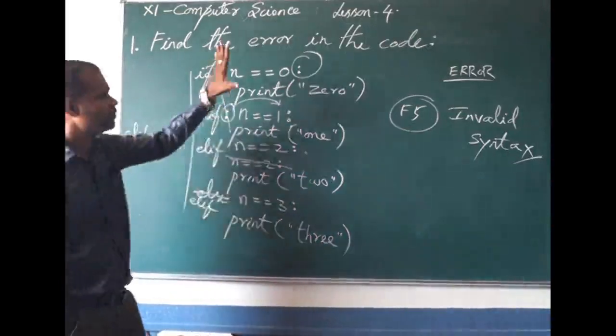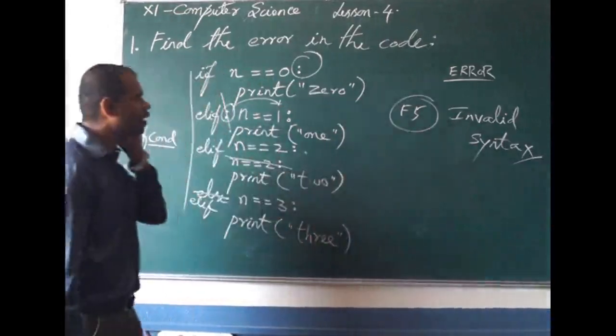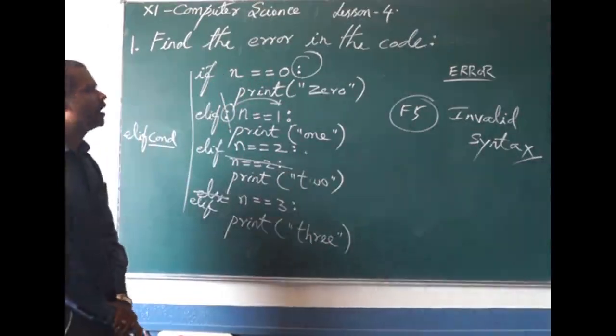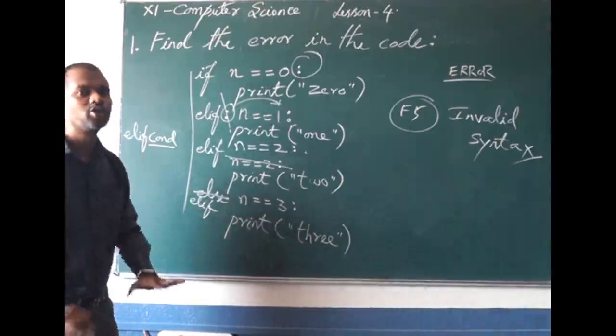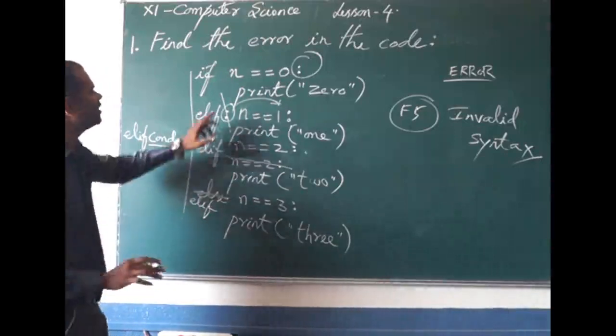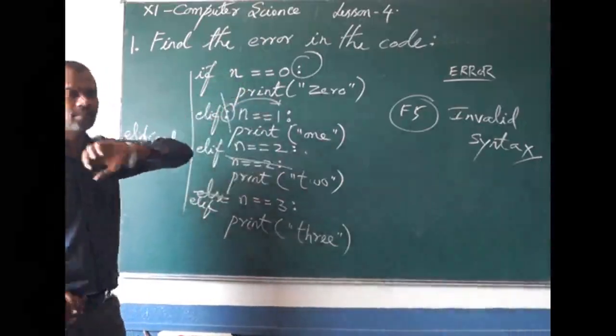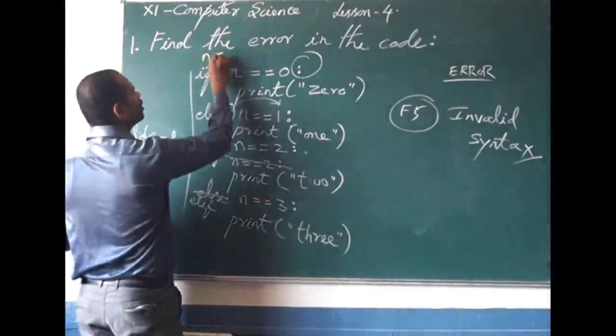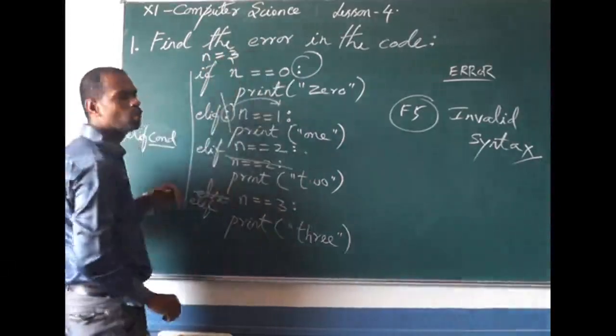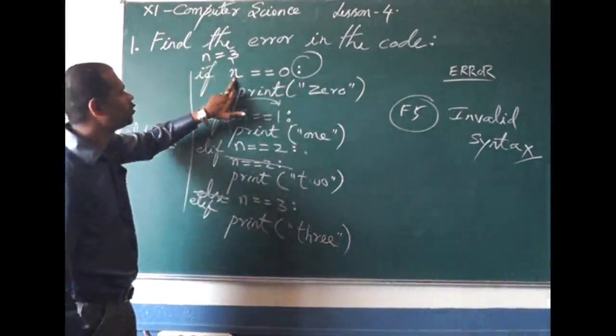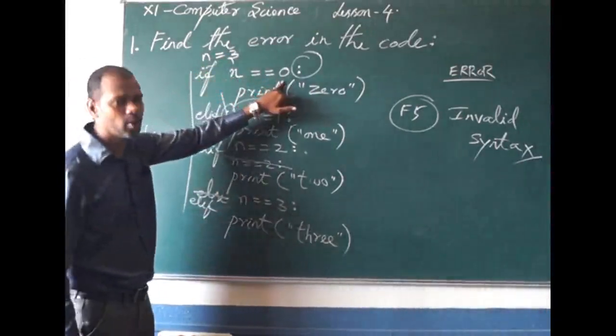Now, if you press F5, what will happen? It will run with no error. The only thing is that you have to give the value for n. So n equal to 3. What will happen? 3 equal to 0, equal or not equal?